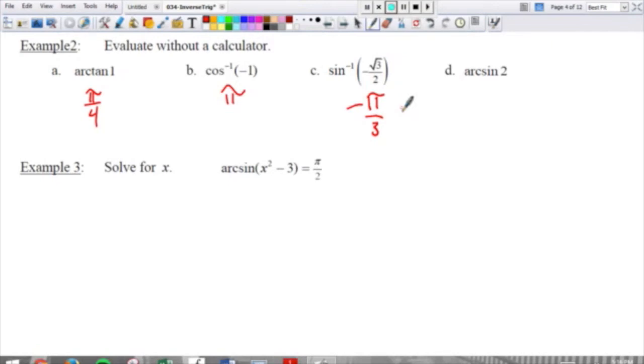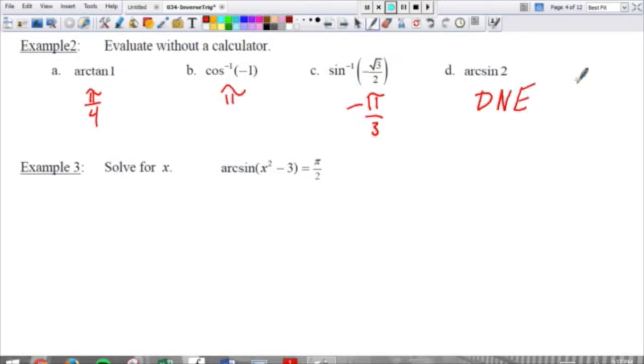Arc sine of 2. If you got the pattern right so far, it's asking which angle in sine would output a value of 2. Are you thinking about it? Are you racking your cabeza? Well, the only option is does not exist.